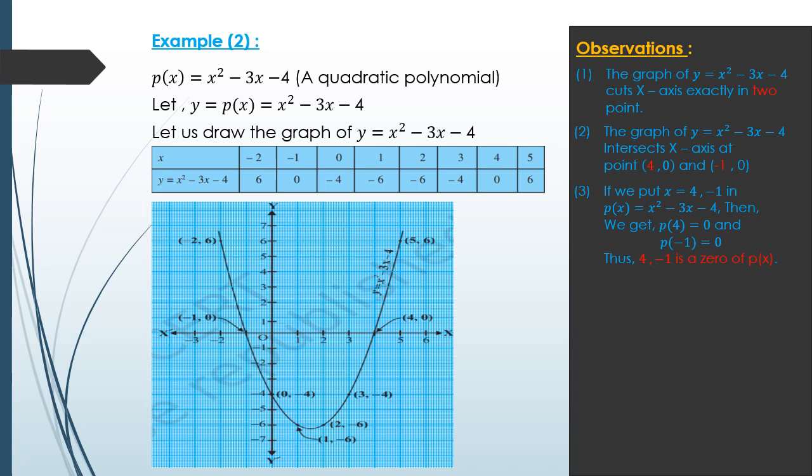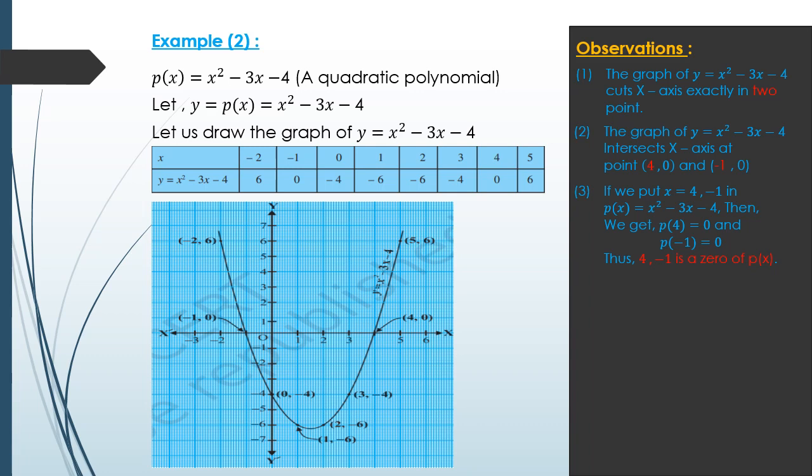If we put x is equal to 4, we will find p of 4 is coming 0, meaning 4 is a zero of the given polynomial. Similarly, if we put x is equal to minus 1 in the given polynomial, once again we will find that p of minus 1 is equal to 0.